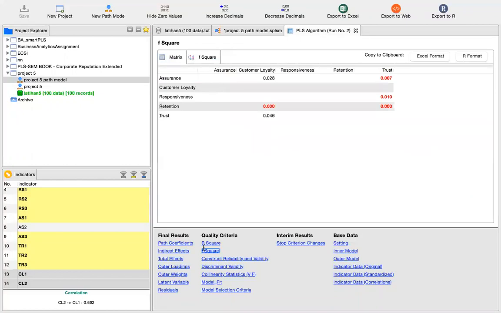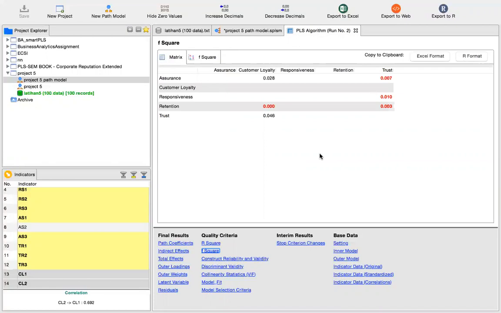And F square. So the F square, if it is below 0.02, there is no effect at all. If it is equal to 0.02, it has a small effect. If it is equal to 0.15, it has a medium effect.